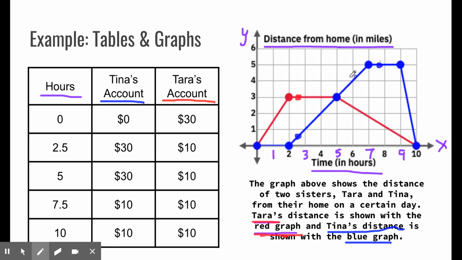So at some point here, she loses $20. So maybe, let's see. She's staying the same distance from home from 7 hours to 9 hours. So she stays for 2 hours. So maybe she's grabbing dinner. Maybe she's hanging out with a friend and loans them some money. So something happens at this point where she loses some money, and then that's it. She then goes home.